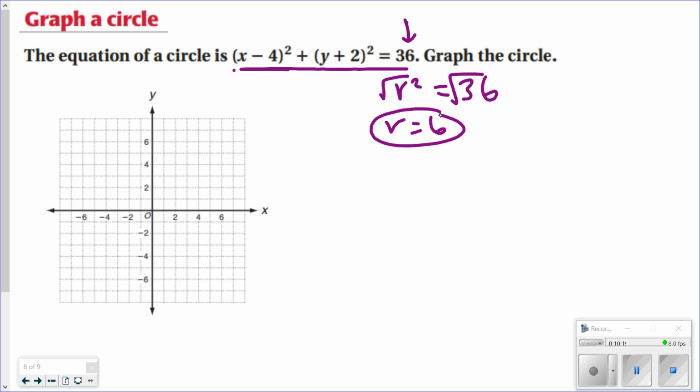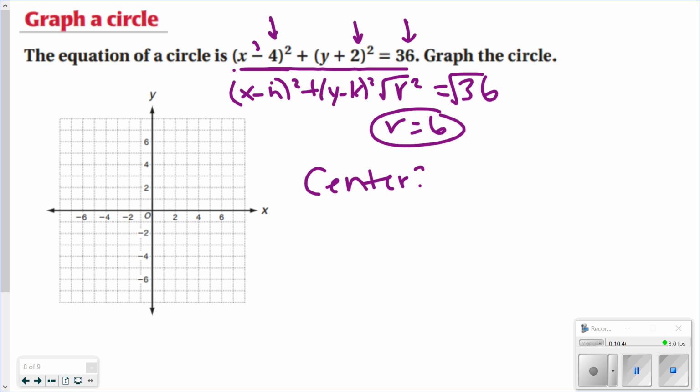Next, I need to figure out what is the center of the circle. Well, we know that the center is from this point and this point. When we write this out, it's x minus h squared plus y minus k squared. Since I have minus sign here and here, that means that 4 is our h.